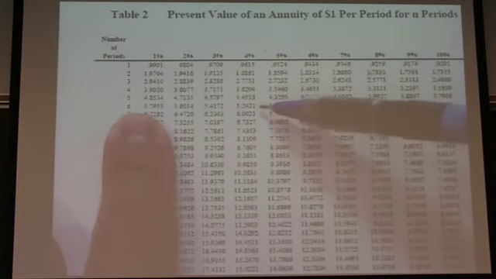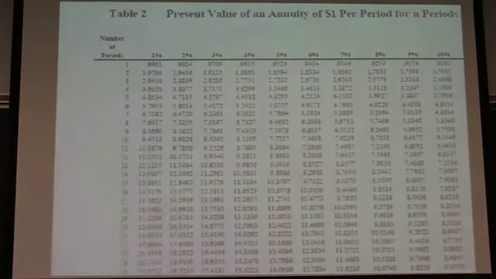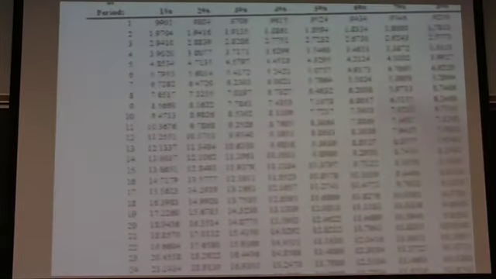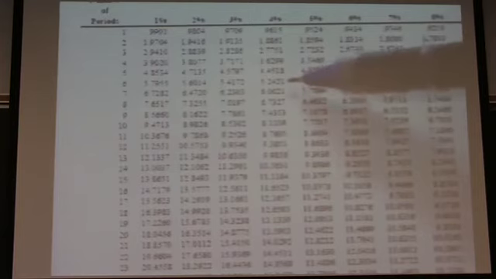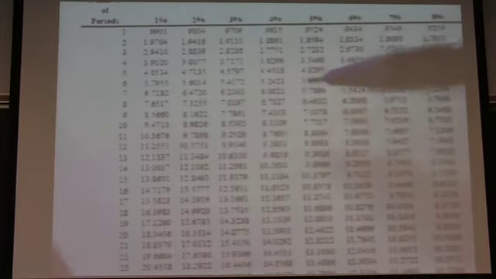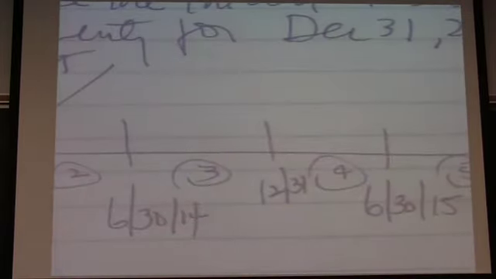N equals 6 would be 5.2421. Oh my gosh, these tables tend to be very small.